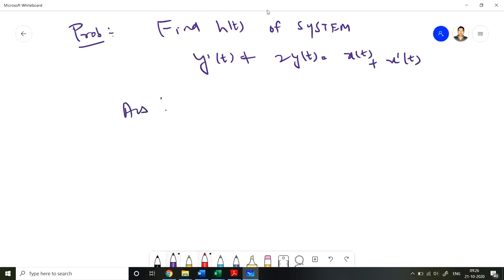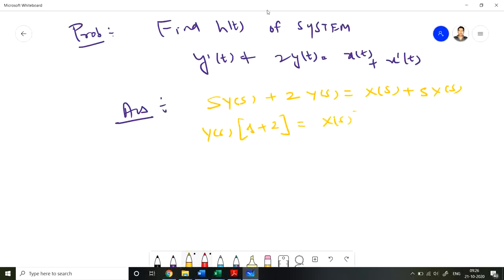So the solution is, again, taking the Laplace transform on both sides. First we will get sY(s) plus 2Y(s) equals X(s) plus sX(s). Taking the common factors, it is (s plus 2) Y(s) equals (1 plus s) X(s).